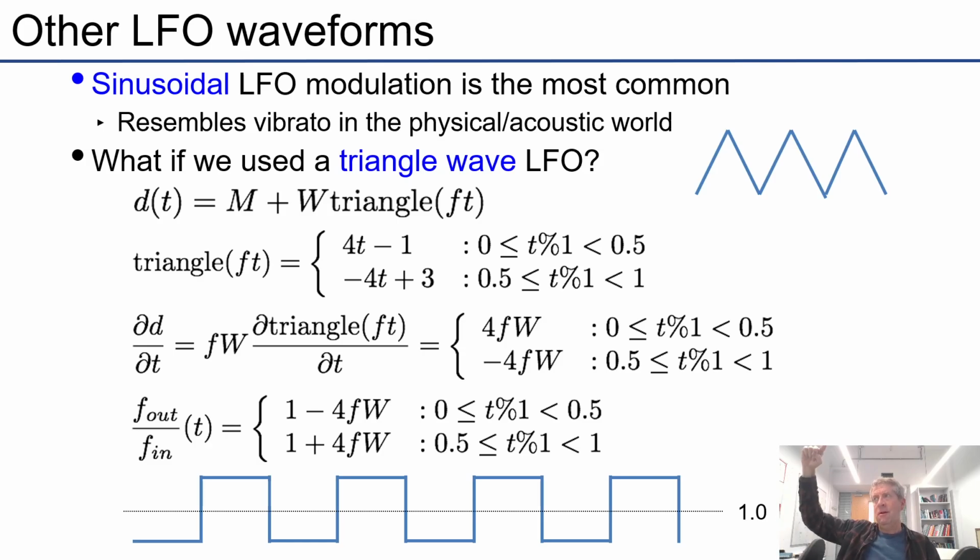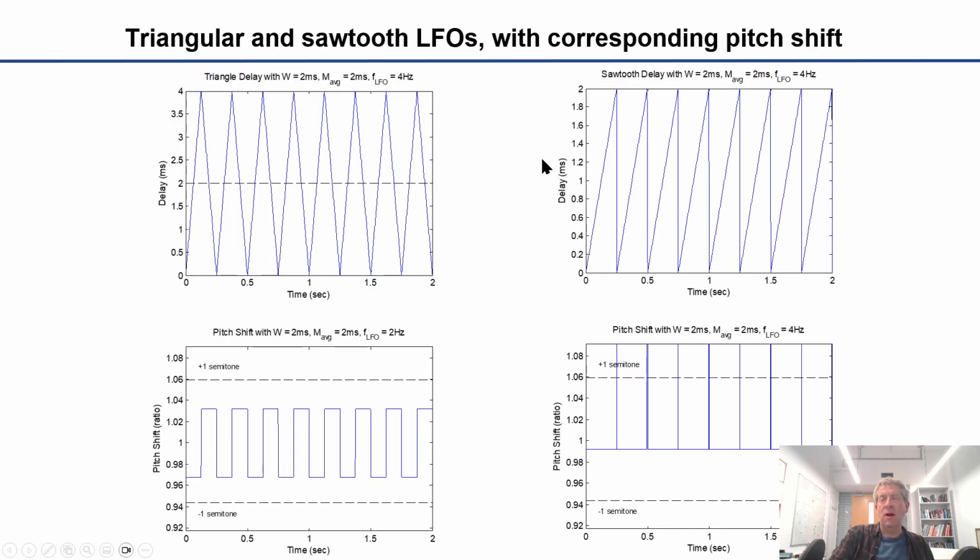Positive, then negative. So it's a constant value above the original pitch and then a constant value below the original pitch. And it toggles back and forth depending on whether you're on a positive or negative slope.